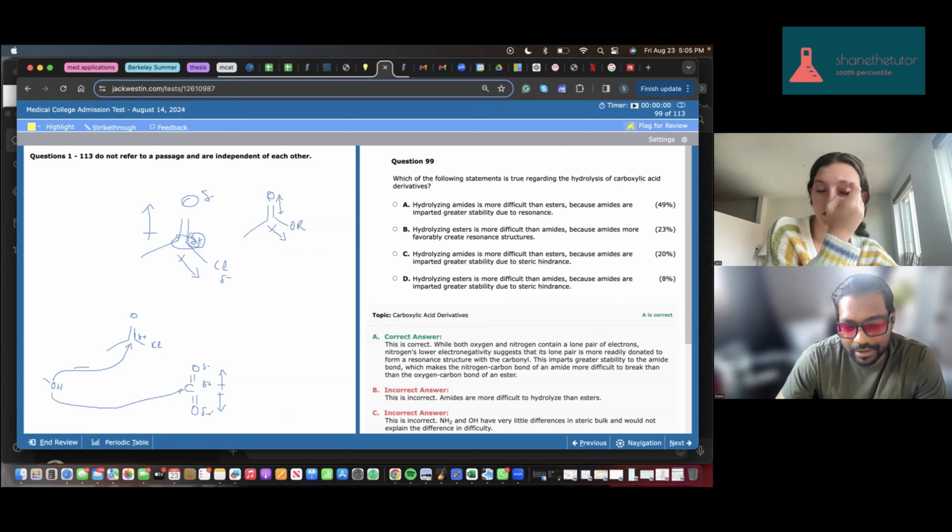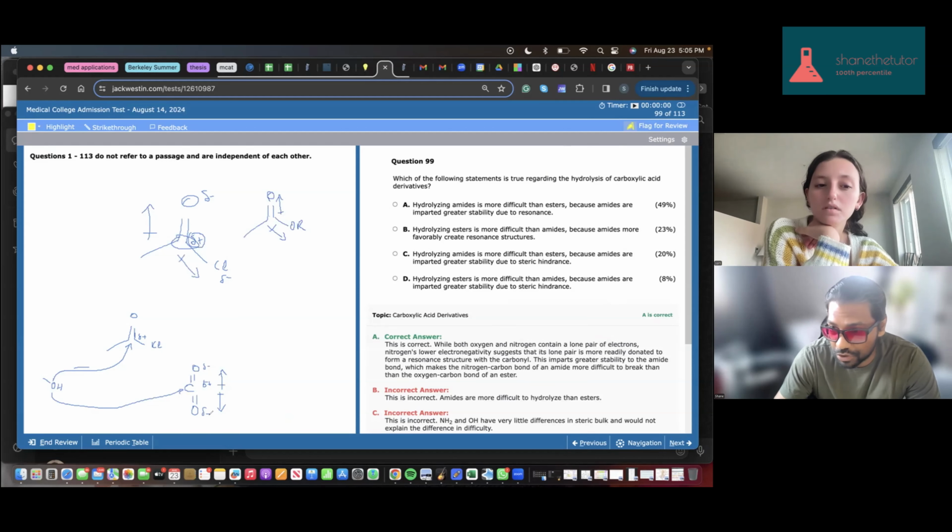So that'll make the carbonyl carbon more partially positive, and so an ester could be reactive too. It won't be as reactive as the acyl chloride because chlorine has a higher electronegativity and therefore creates a more partial positive charge on the carbon. But esters will also do that.